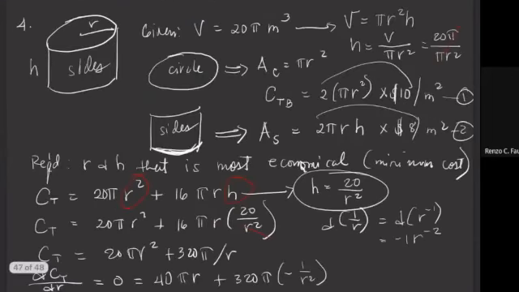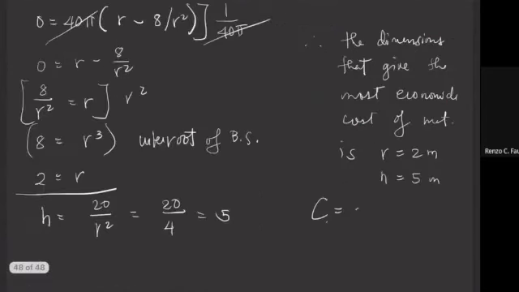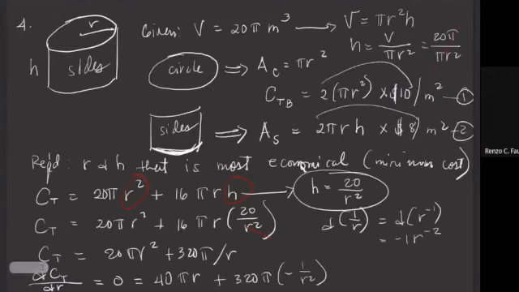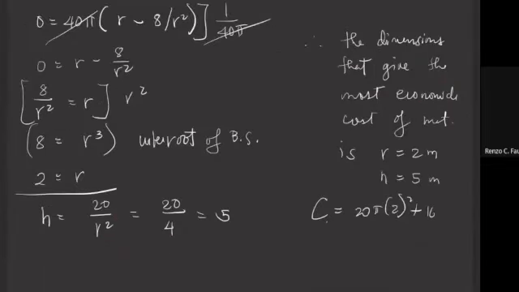From our equation, we have 20 pi times 2 squared plus 16 pi times 2 times 5. This is 4 times 20.